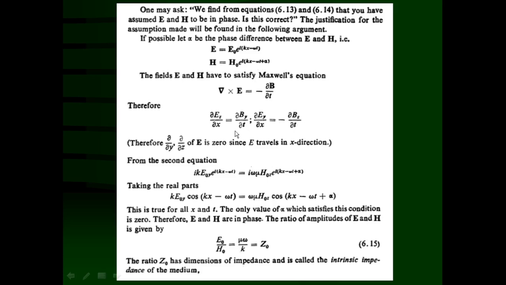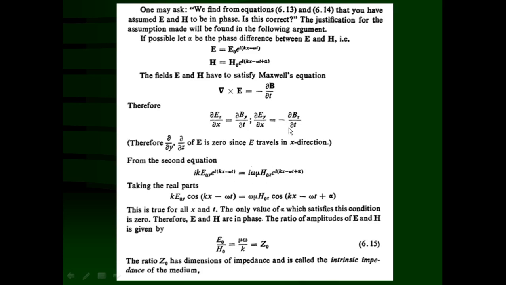If we differentiate the first equation with respect to x, you will get ik into this quantity as it is. So differentiating, del Ey upon del x is equal to ik E0y e raised to i(kx minus omega t).